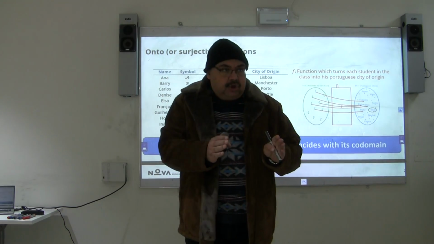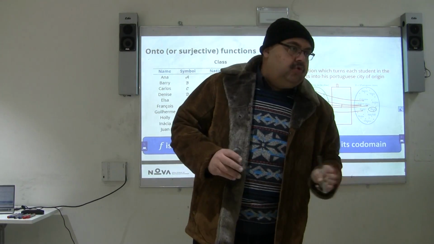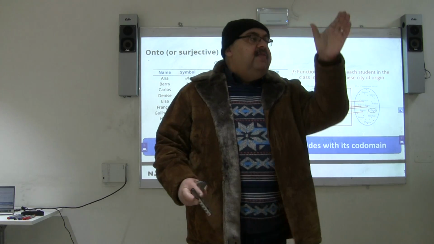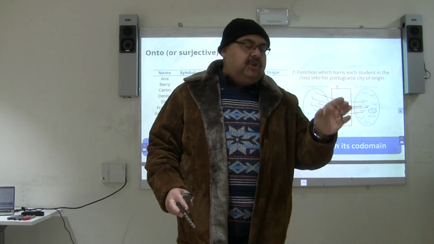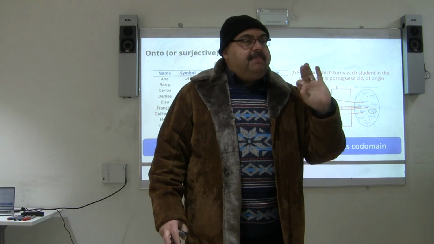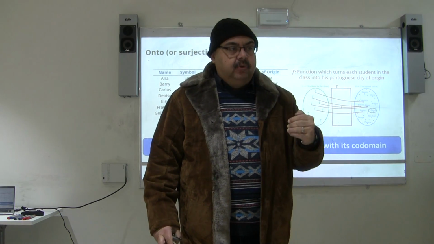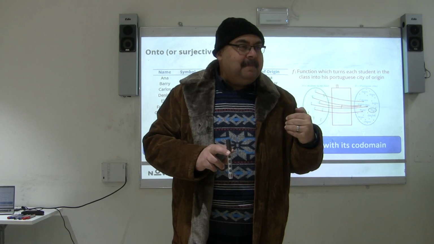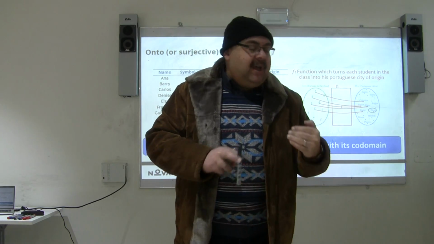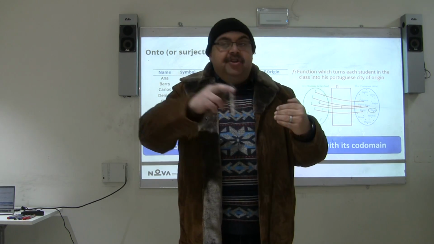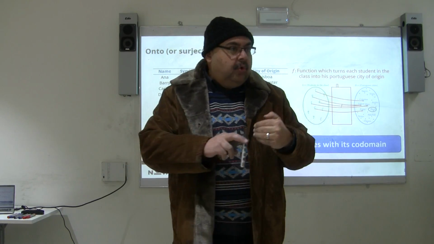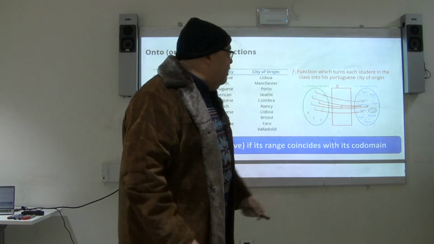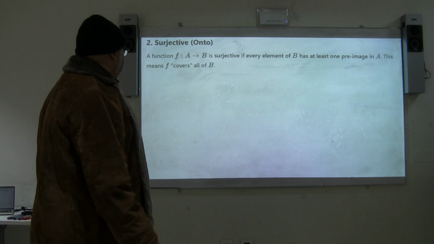It means the codomain and the range are equal to each other. It means there are no values that don't have a pre-image in the domain. So all the outputs have pre-images in the input.